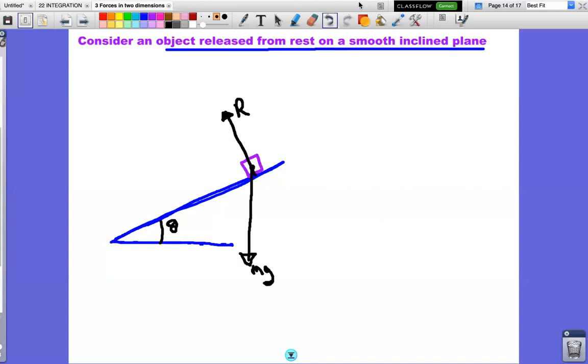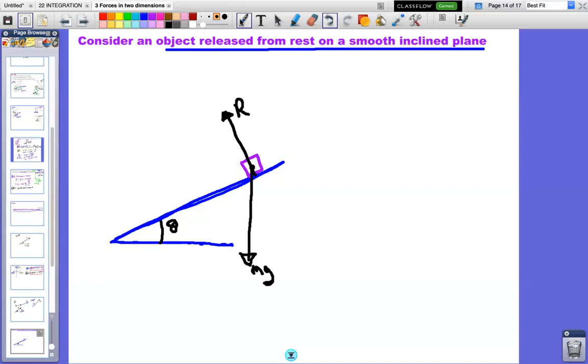Now, you may be required to find the acceleration of this object down the plane. If you try to resolve the forces vertically and horizontally, it's fine.